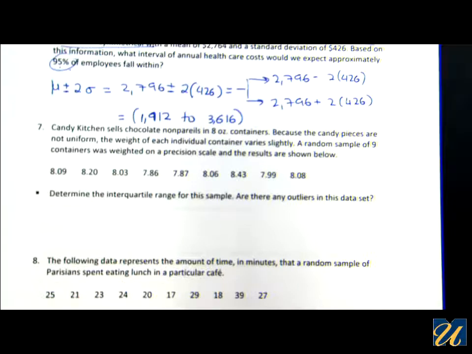A random sample of 9 containers was weighed on a precision scale, and the results are shown below. So this is the data that we have. Determine the interquartile range for this sample. Are there any outliers in this data set? So this is our data set.